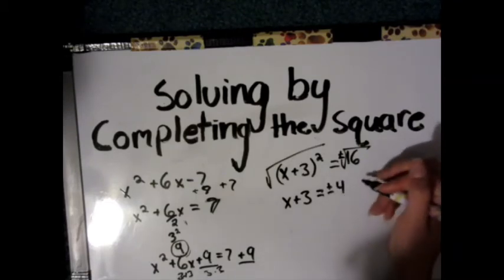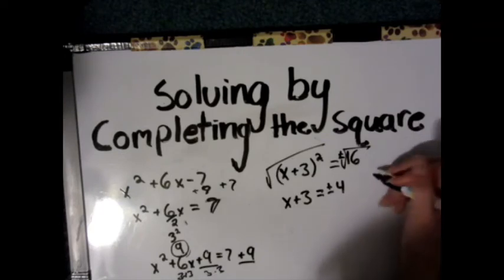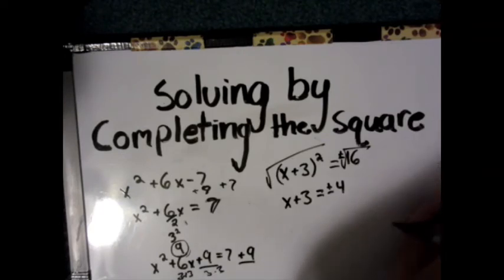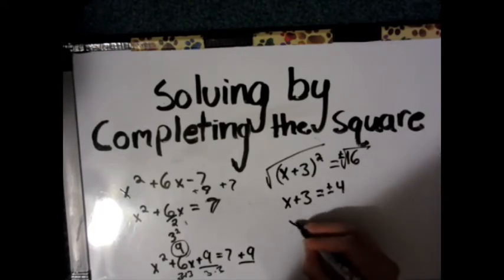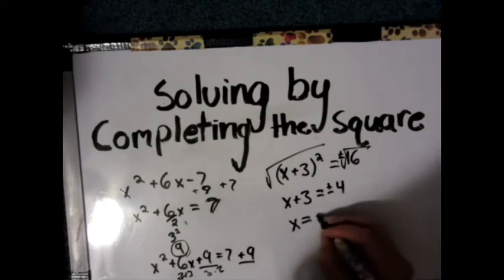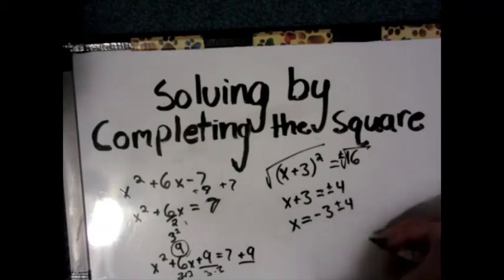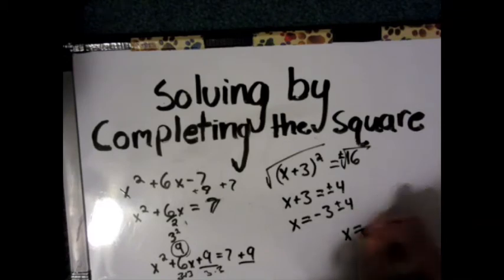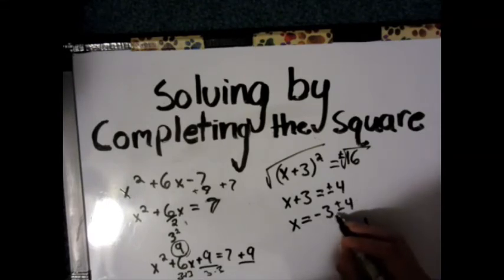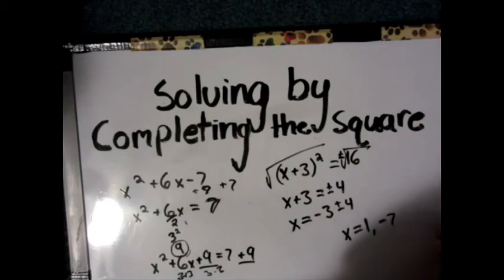Alright, and now you can write this as two equations if you would like. But x equals negative 3 plus or minus 4. I'm going to just solve it out from here. So, final answer is x equals negative 3 plus 4, which is 1, and negative 3 minus 4, which is negative 7.